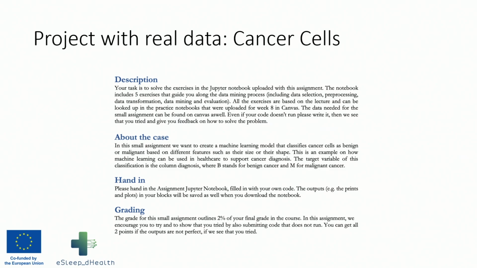So about the case, we can create a machine learning model that classifies cancer cells as benign or malignant based on different features. So the columns in this dataset are features of a cancer cell, and every row in the dataset refers to different cancer cells.